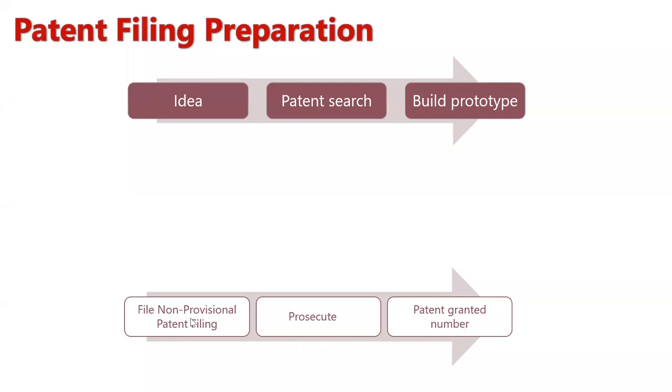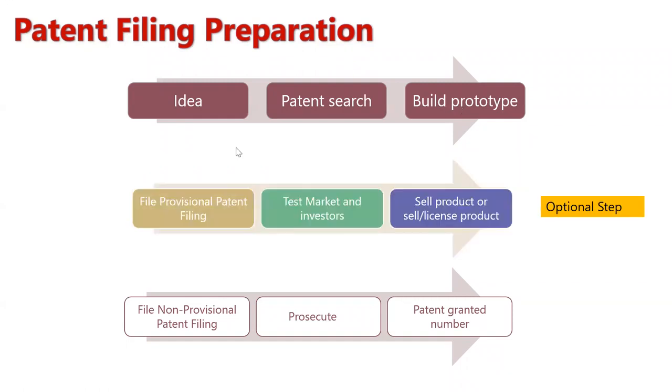But suppose my prototype is not ready, and I'm not sure what the feedback on my product will be, to confirm whether it will meet the customer requirement or not. For the timing, we can file a provisional patent.